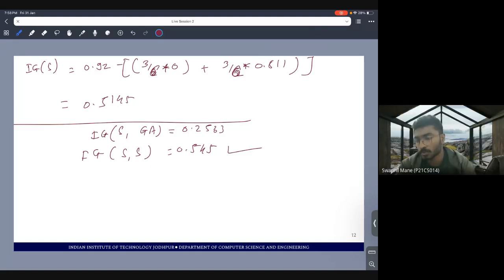Firstly, you may check the purity of the node. How do we calculate the purity? By using the entropy, and if it is near zero, that means this is a pure node, right? But for selecting an attribute, you always have to calculate the information gain.